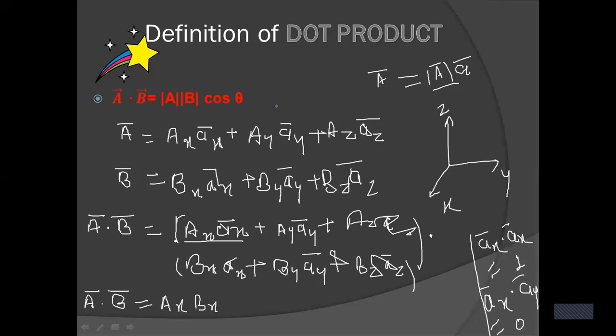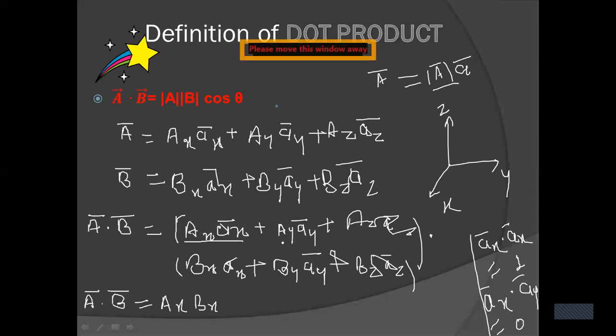Now if I multiply this term by a bar y, then a bar x dot a bar y is equal to 0. So the dot product of these two terms becomes 0. If I multiply ax a bar x to bz a bar z, then their dot product is 0, because a bar x dot a bar z is equal to 0, since these are two different unit vectors.